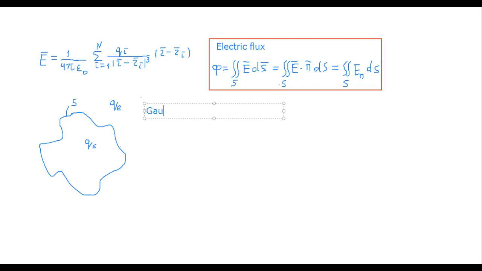Gauss law or Gauss flux theorem, integral form.